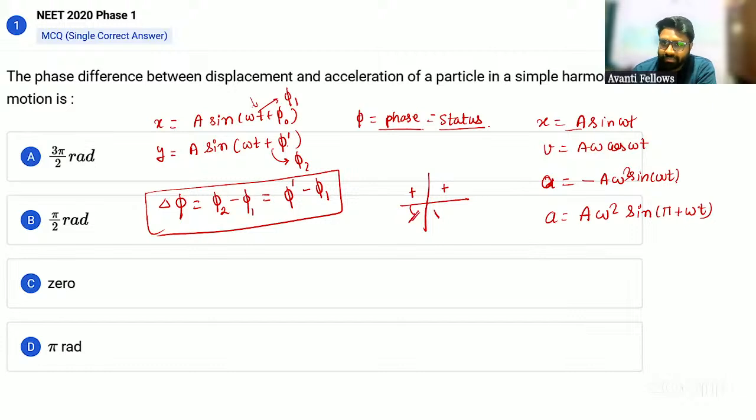It is not 3 pi by 4, because if it were 3 pi by 4, sine would become cos. Okay, so it is in the 180 plus. Just remember this.